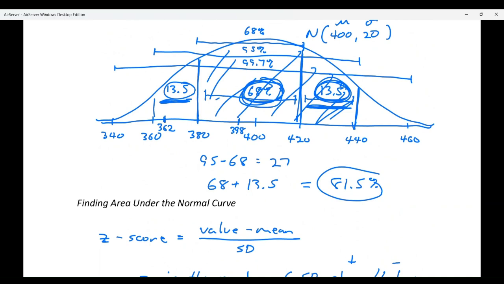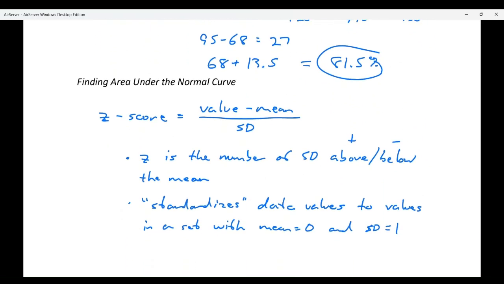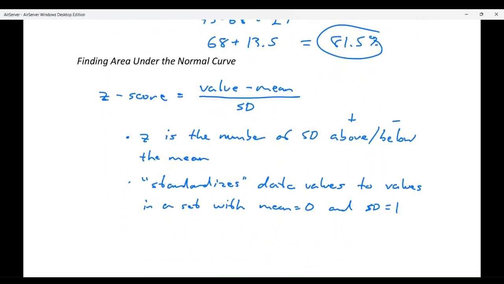When you divide by the standard deviation, in this case 20, that crunches it down to 1. So that's really all we're doing when we find the z-scores. We're creating a new data set that has a mean of 0 and a standard deviation of 1. More importantly, it tells us how many standard deviations from the mean we are.